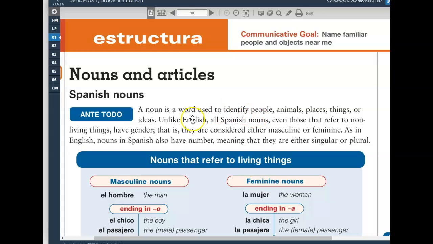And then just like in English, Spanish nouns also are identified by number, meaning that they can be either singular or plural. Nouns in Spanish can be identified in two ways: gender, whether they're masculine or feminine, regardless if it's a living or non-living thing. And they can also be identified by number, whether the noun is singular or plural.